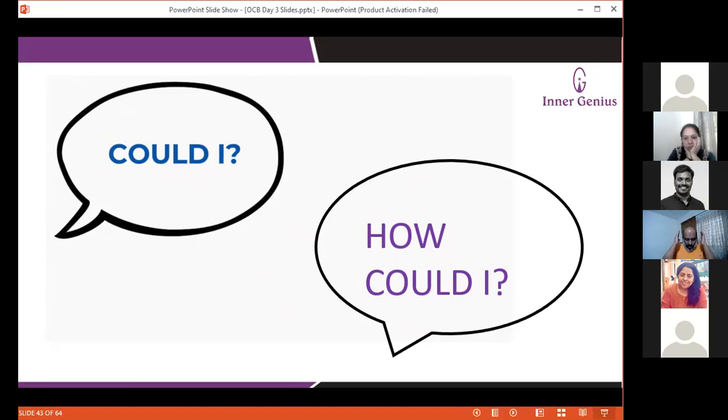A mind is structured in such a way that whatever you direct it to, it goes in that direction. Whenever you say, can I do it, or should I do it, or am I capable, you say, how can I be, or how could I be, and you move into a resourceful state, which will bring you all the resources.